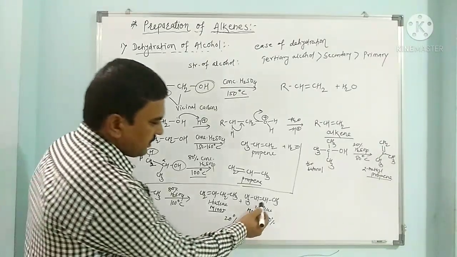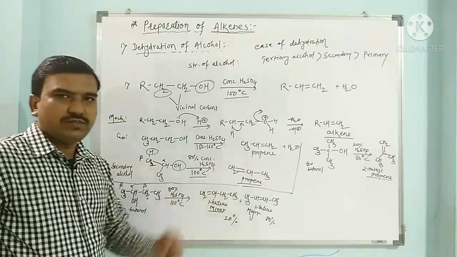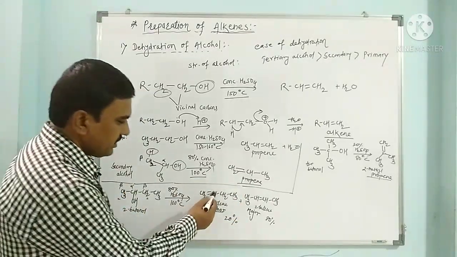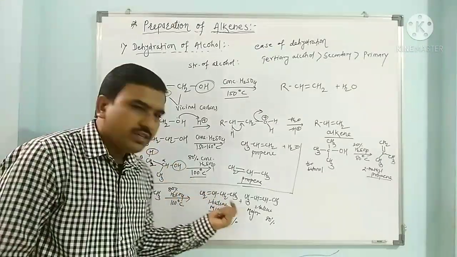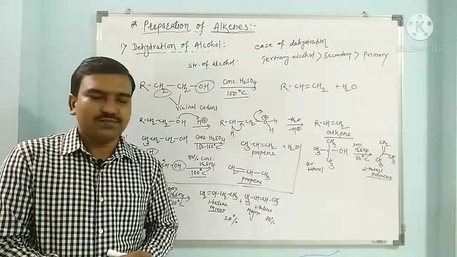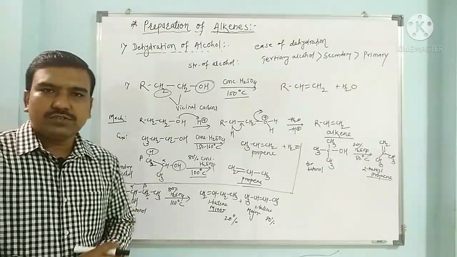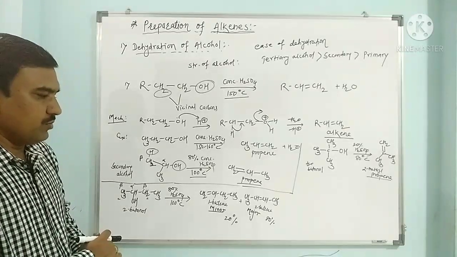Here this alkene has more substitution: two alkyl groups are attached to it, while the other alkene has only one ethyl group. If the doubly bonded carbon is attached to more alkyl groups, it stabilizes the structure. So more substituted alkenes are favored in product formation.